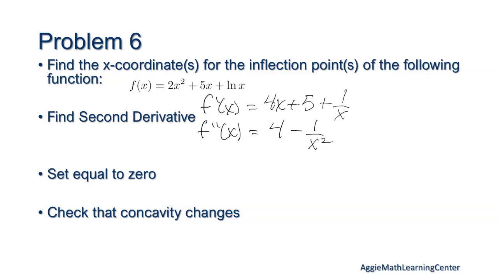Okay. Do you think we can find where this is equal to 0? I think we can. Same thing as the process of the last one. We can add 1 over x squared to the other side. So we get 4 is equal to 1 over x squared. Multiply both sides by x squared.